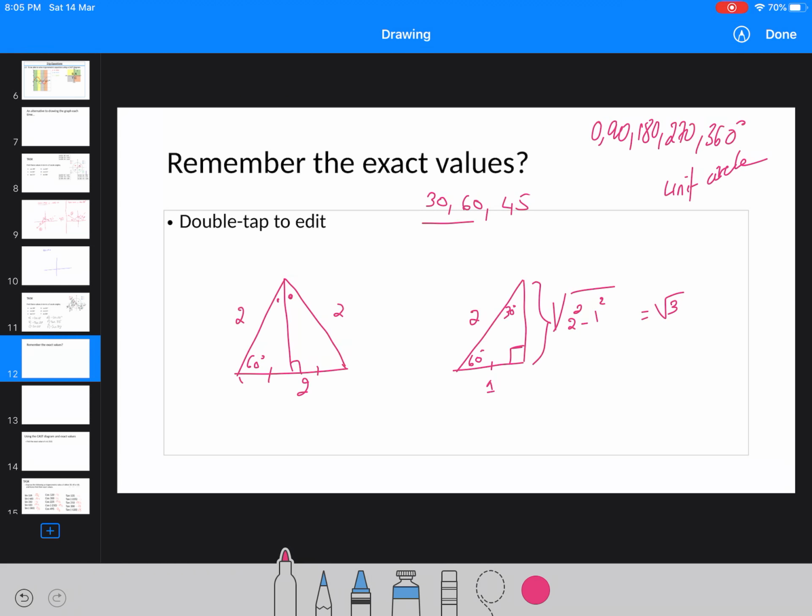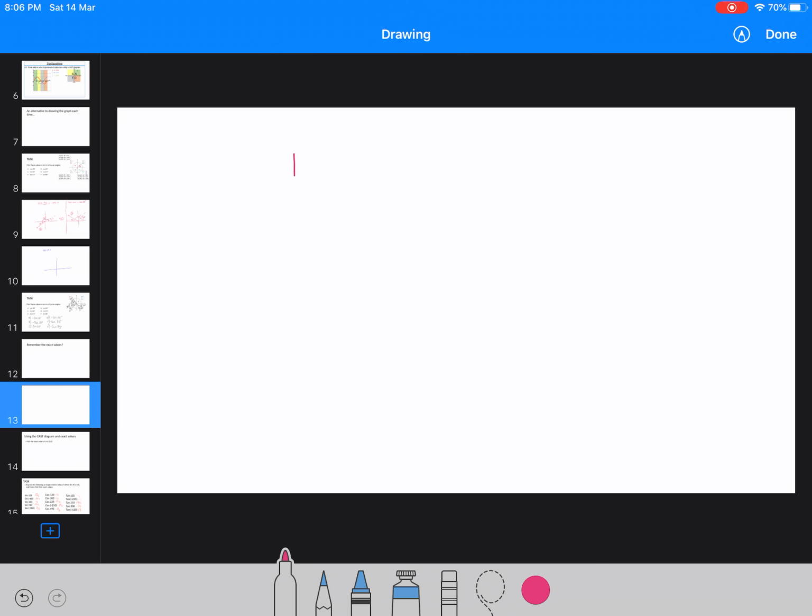Now let's apply the sine, cosine, and tan ratios in order to find all those ratios for the 30 and 60 degree angles. So this is the triangle that I found earlier. This is 60, this is 30, and the sides are radical 3, 2, and 1. Now, what is sine 30? It's the opposite, which is 1, over the hypotenuse, which is 2.